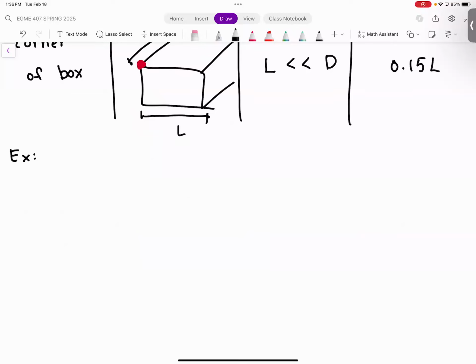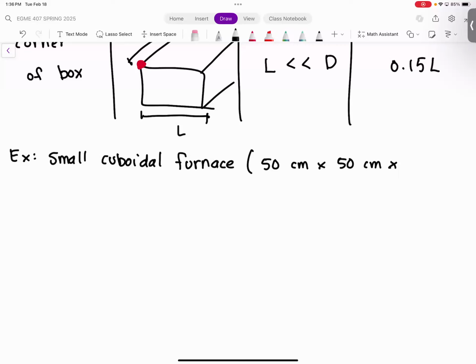Okay. So let's say that we have a small cuboidal shaped furnace. And so its dimensions are, we'll say it's 50 centimeters per edge. So it's 50 centimeters by 50 centimeters by 50 centimeters. Let's say that this furnace is made of fire clay brick, and so brick is a fairly insulating material.